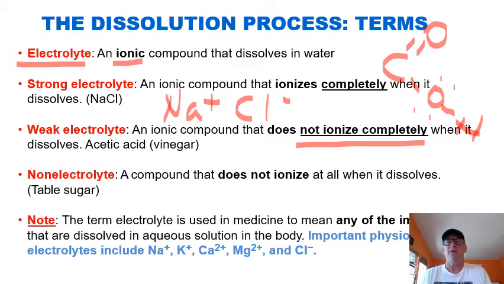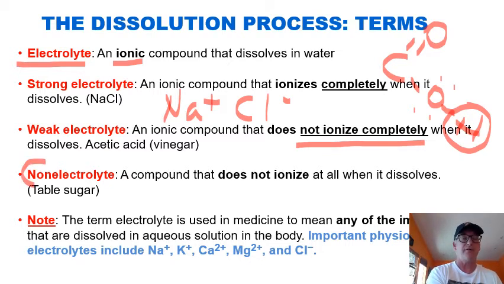So when we dissolve organic acid in water, this is where the H plus comes from, but only a few percent of the molecules will release that hydrogen and cause the pH to go down. In acetic acid's case, it's only about 0.05%. It's a really, really low number. So it's a weak electrolyte.